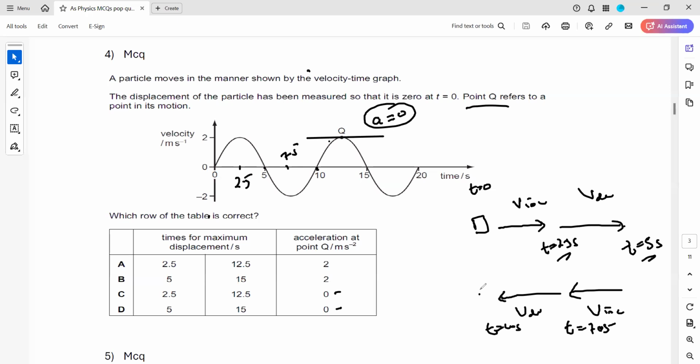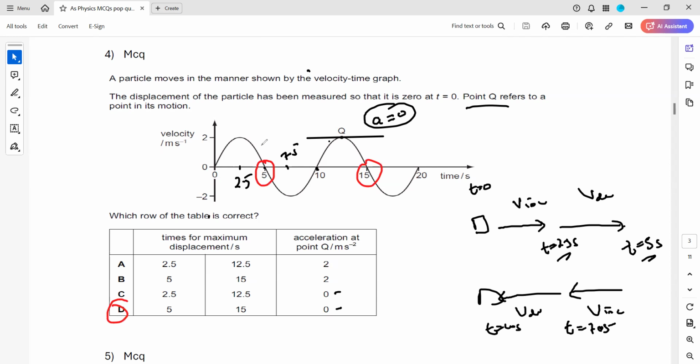So we will have to determine the time for a maximum displacement. Maximum displacement means it is far from the original position. So the times for the maximum displacement, one is at 5, another one is at 15. So D should be the right answer.